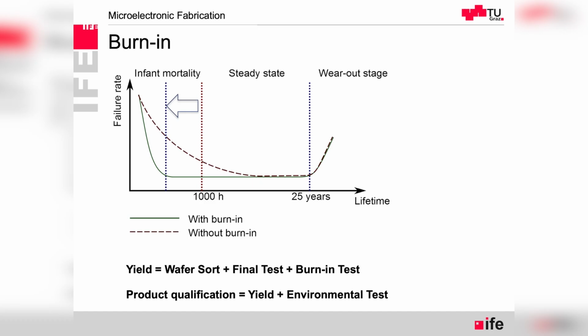And with this burn-in, we can increase the reliability and reduce the number of failures. There is still a certain probability of failure, but hopefully they are just random events that are very unlikely to happen for as long as the product has been designed for.